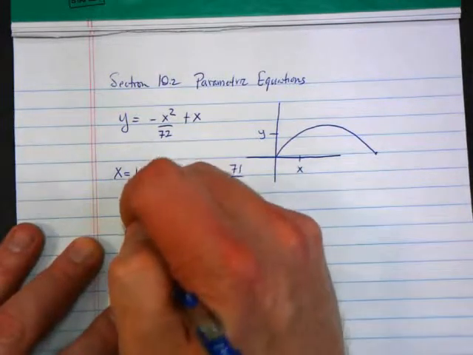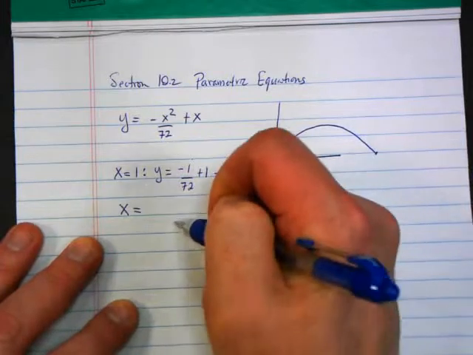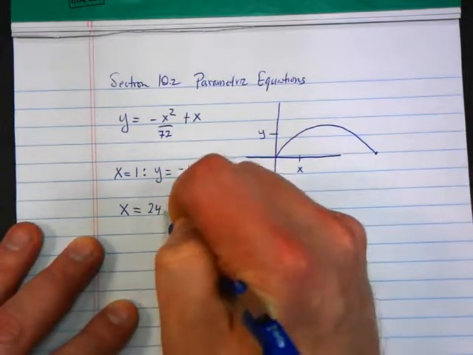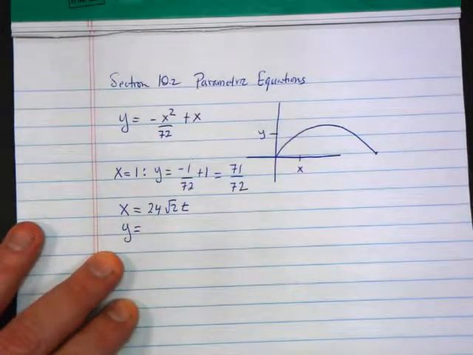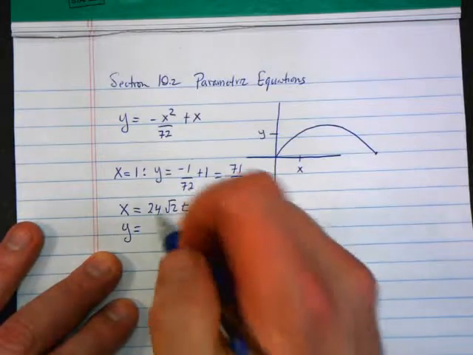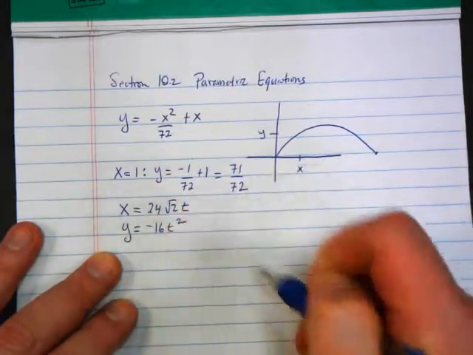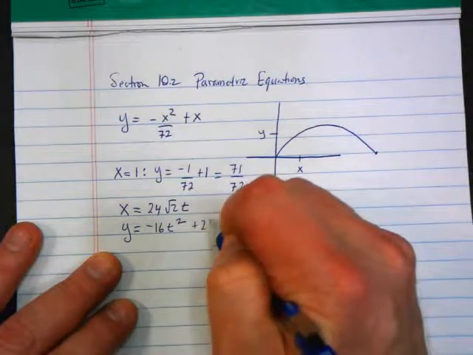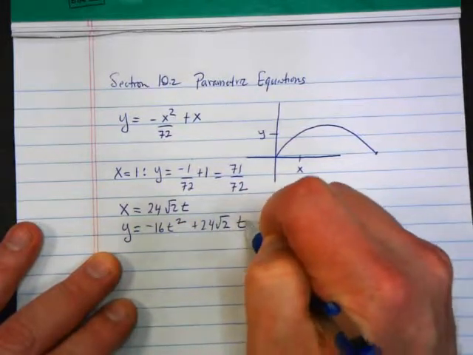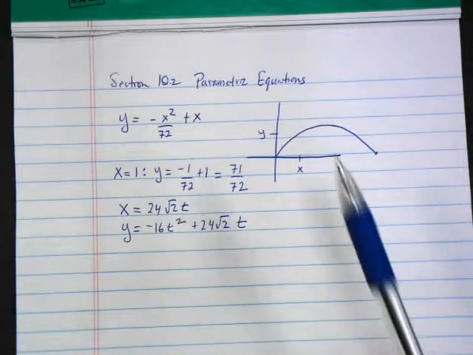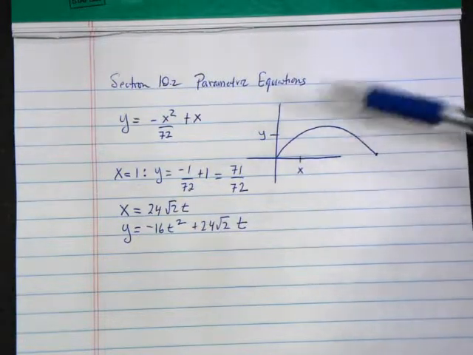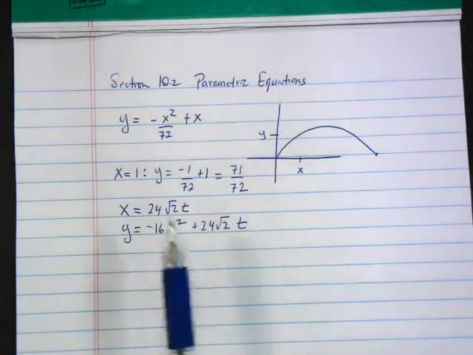And again, where this comes from, you'll learn in Calc 3. x equals 24 square root of 2 t, and y equals minus 16t squared plus 24 square root of 2 t. So what does t stand for in this problem? T stands for time. So now, not only can we figure out where the object is, how far downrange and how high, we can also figure out when it happened.